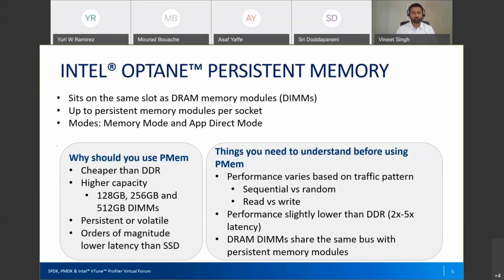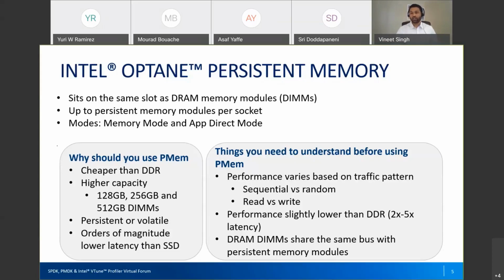So the things that you need to consider here are sequential versus random traffic. Sequential traffic gives you better performance compared to random traffic. Reads versus writes. Writes are costly compared to reads to PMEM. So read intensive workloads are a good fit for PMEM.